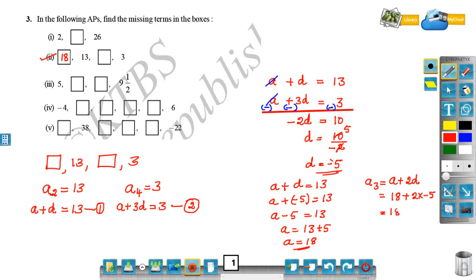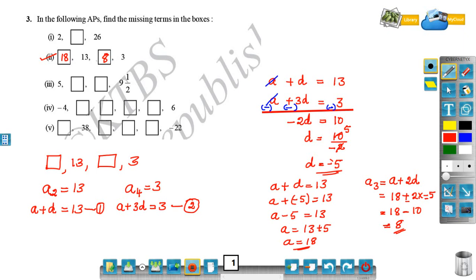So, 18 plus minus 2 5s are 10. So, 18 minus 10 is 8. So, third term is 8. Now, we filled out the blanks. First term is 18, second term is 13, third term is 8, and fourth term is 3.